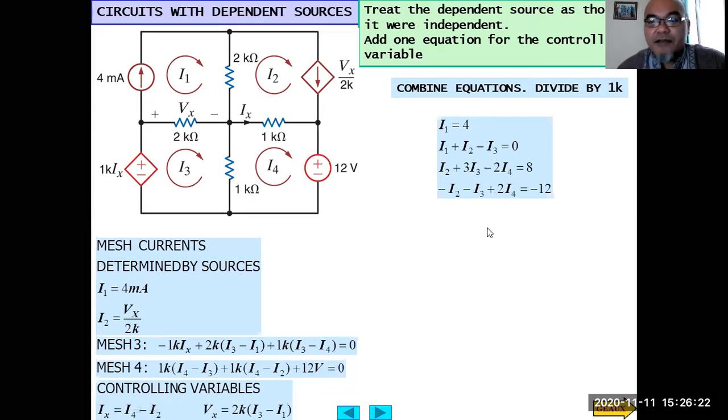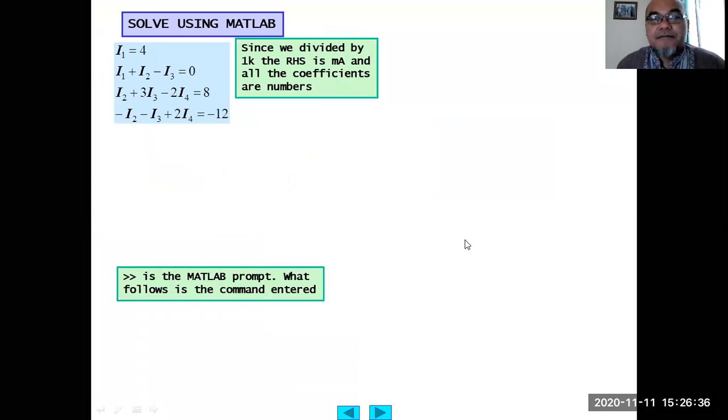So then we have 4 equations with 4 unknowns. You can easily put this into a matrix, and then you can solve using MATLAB or Octave.